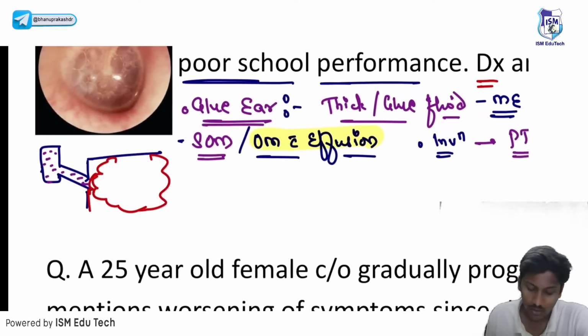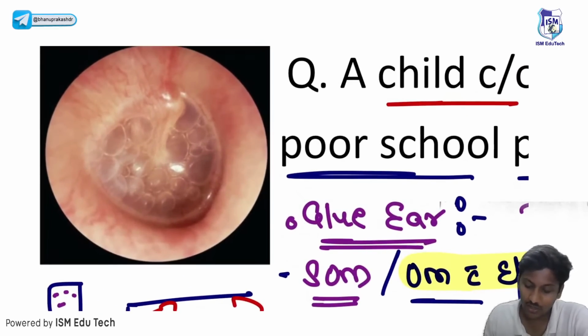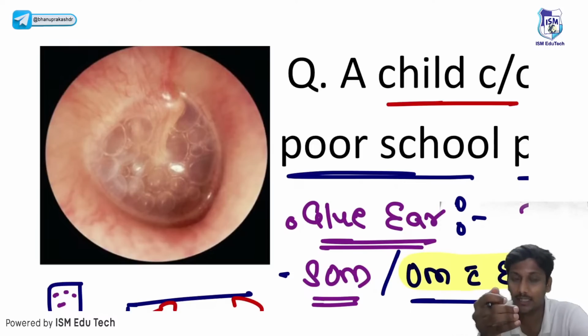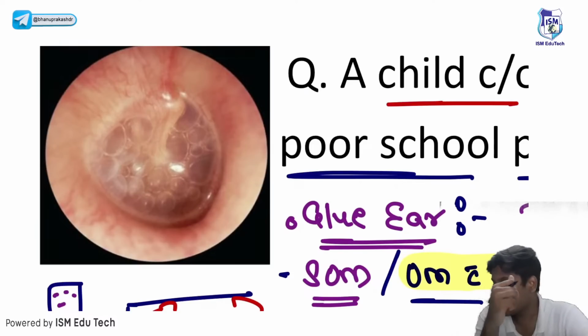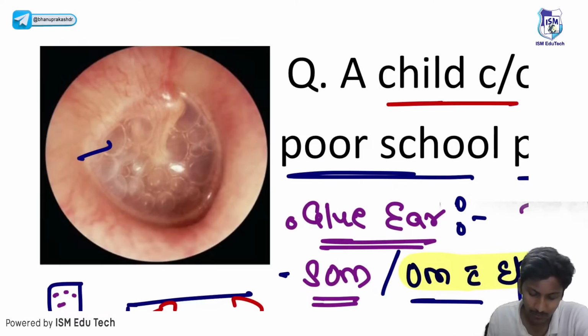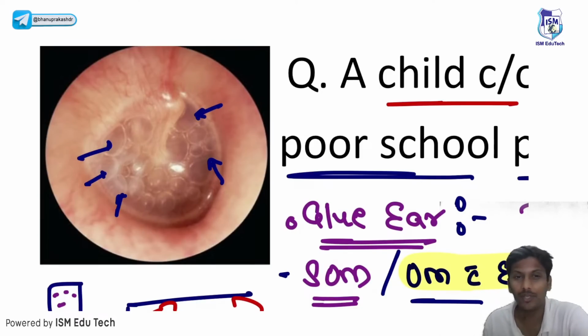Okay. If I do otoscopy examination, this was a previous year question of NEET PG 2022, where there was such an image which was given in the examination. You can see here there is no problem with the tympanic membrane. Okay. So there is some fluid collection behind the tympanic membrane, and in that fluid you are able to see all these bubbles over here. Okay.